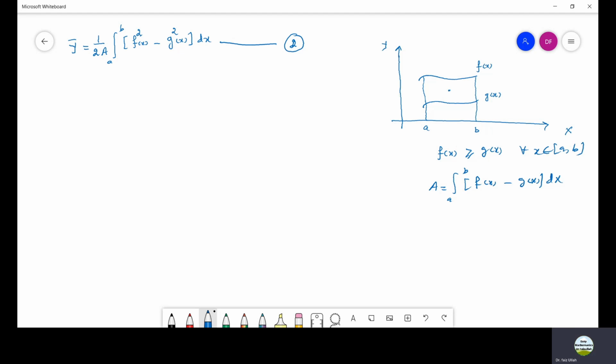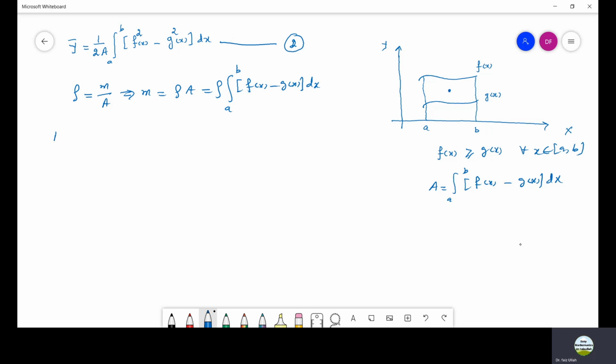Now the task is to find the y coordinate of the center of mass. So in the first case, we need rho, which is density, equal to m over A. And from here we get m is equal to rho into A. And now if we put the value of A, which is the integration from a to b of f of x minus g of x dx, we get that expression.